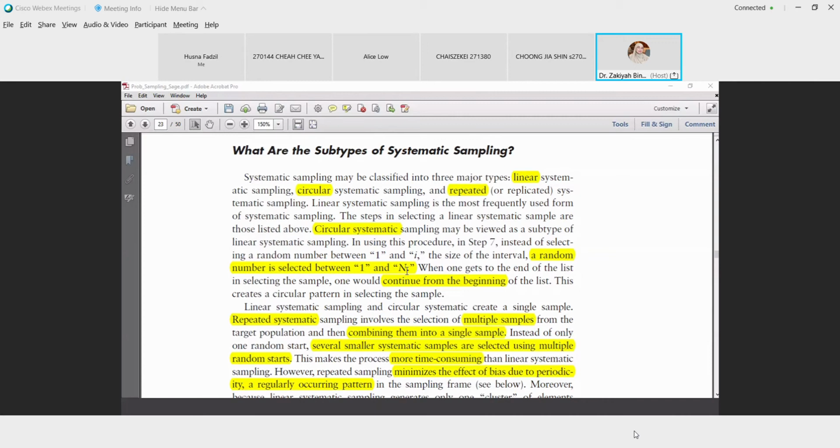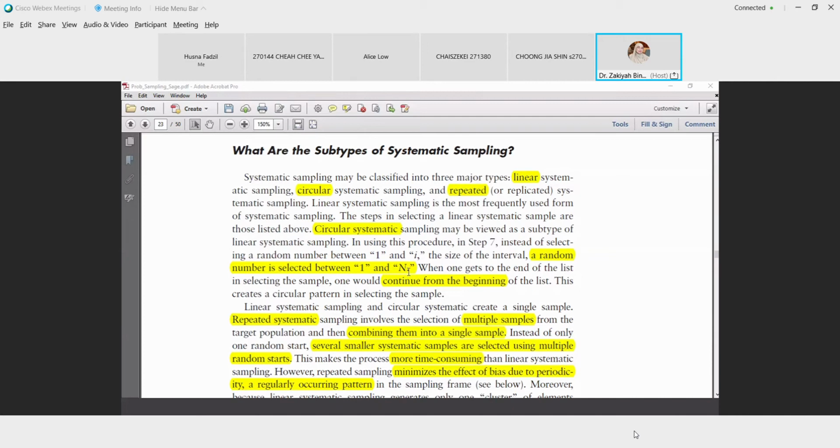It doesn't necessarily mean that the starting point is somewhere in the beginning. The starting point can be anywhere throughout the 1,000. Clear, guys? The difference? So this is for circular.